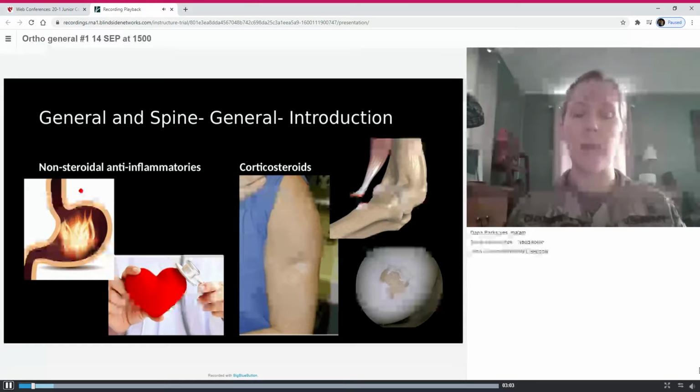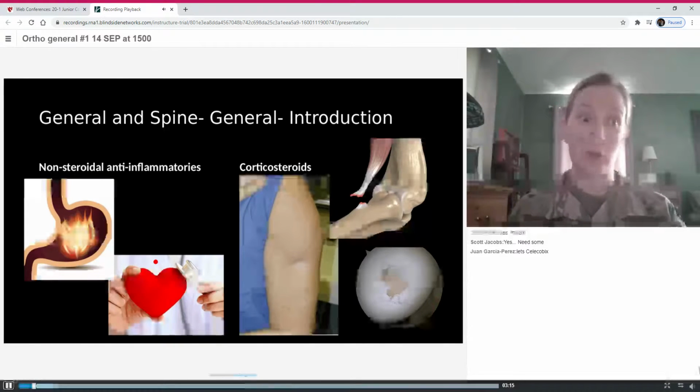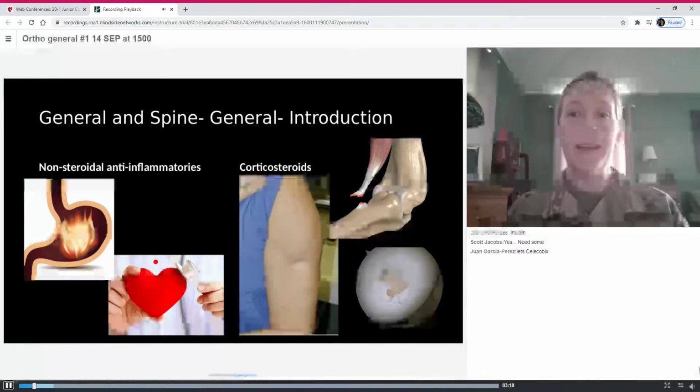And then I always take a quick note of any cardiac problems they have, lest I give them something and muck with their heart, because I don't do squishy bits. That's what Colonel Jones is for. So those are my two big notes for non-steroidal anti-inflammatories.